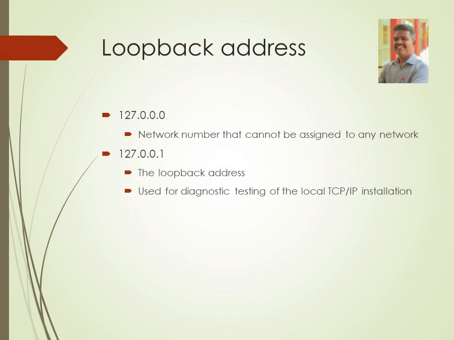Loopback address. The loopback address is the routing of electronic signals or digital data streams back to their source without intentional processing or modification. It is primarily a means of testing the communication infrastructure.